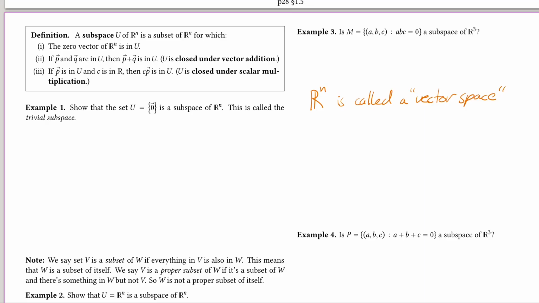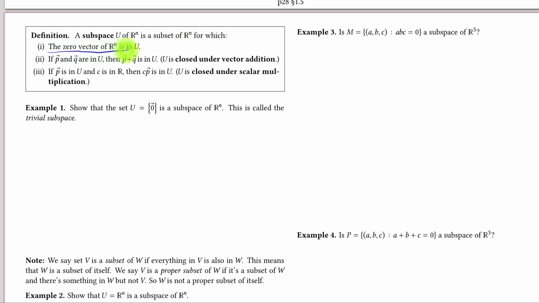A subspace is a subset of a vector space, but we're just talking about Rn. So a subspace U of Rn satisfies these properties. It has to have the zero vector in it.